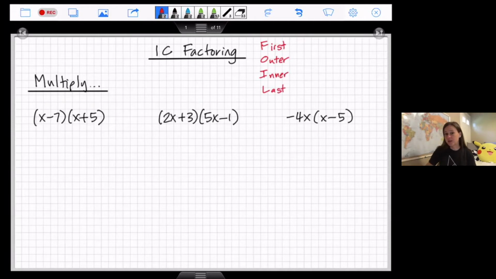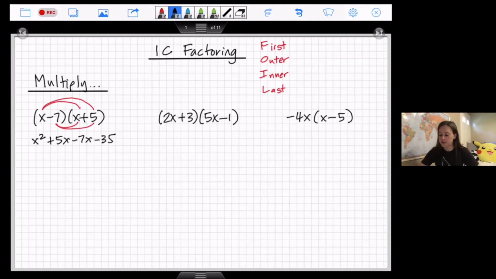Right. So what that looks like on the first one, I'm going to multiply my first terms together to get x squared. I'm going to multiply the outer two terms, that's the x and the 5. I'm going to multiply the inner terms, get negative 7x there, and then the last terms, which gives me negative 35.